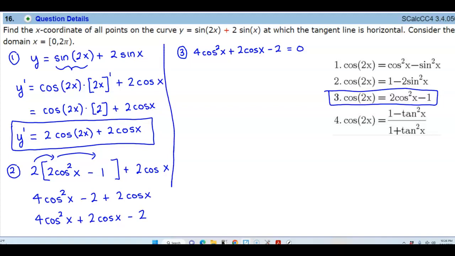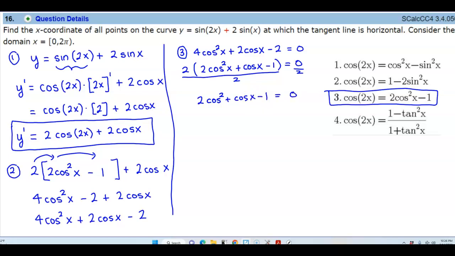The first thing we can do is factor out a 2. So if we factor out a 2, we have 2 times 2 cosine squared x plus cosine x minus 1, and that's equal to 0. If we divide both sides by 2, then we end up having 2 times the cosine squared x plus cosine x minus 1, and that's equal to 0.